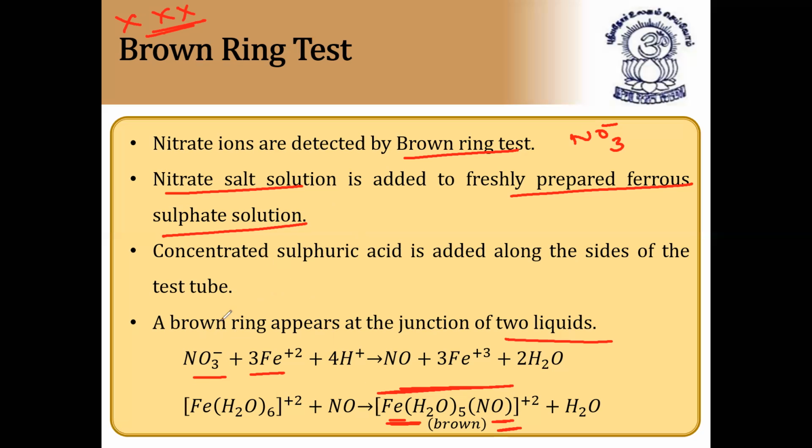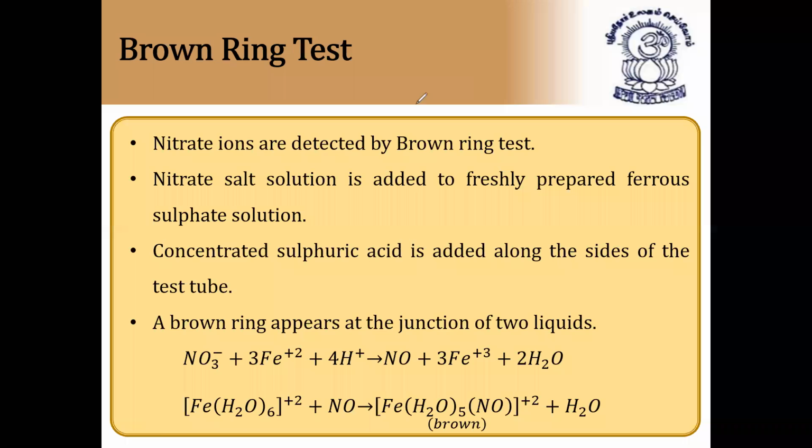Or they can ask: the brown ring formed when nitrate solution is added to freshly prepared ferrous sulfate solution along with concentrated sulfuric acid is due to the formation of which compound? Definitely they'll ask this complex compound formula, and the formula is Fe(H2O)5NO plus 2. The charge is plus 2, so iron is in plus 2 state. I hope it is clear. Very, very important, this is the brown ring test.